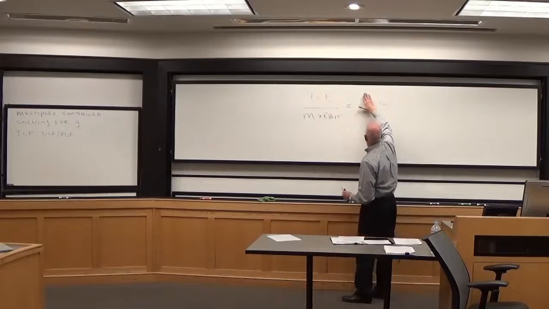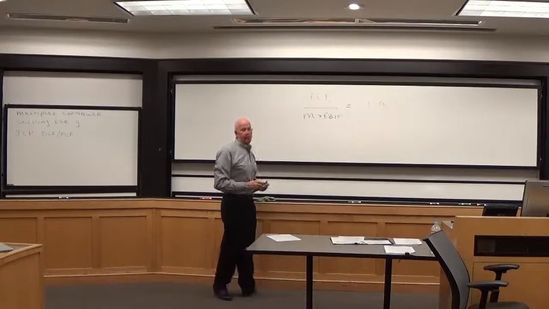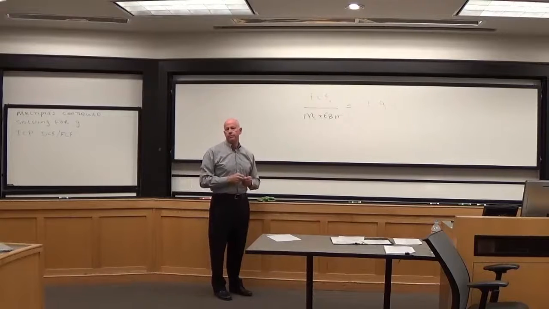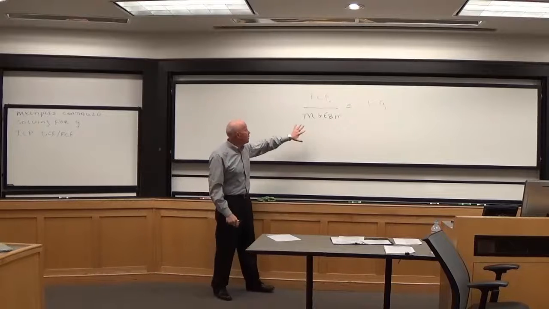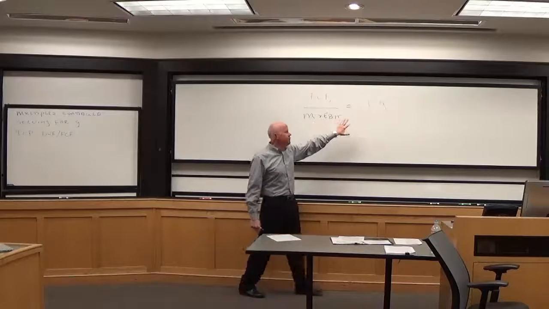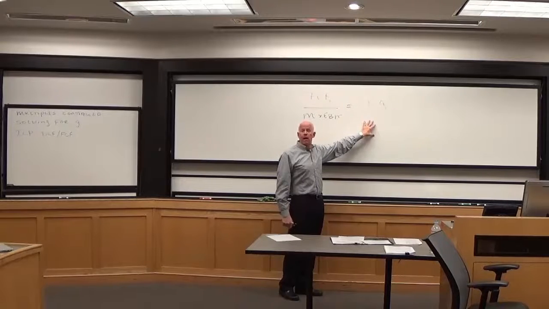So now I can get rid of my brackets. And then what can I do? Subtract r, right? But when I subtract r from this side and from this side, I'm left with a negative g. I prefer to have a positive g.